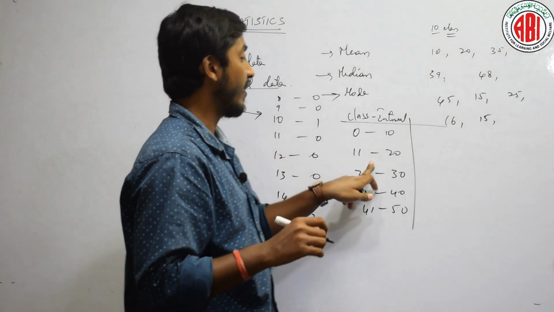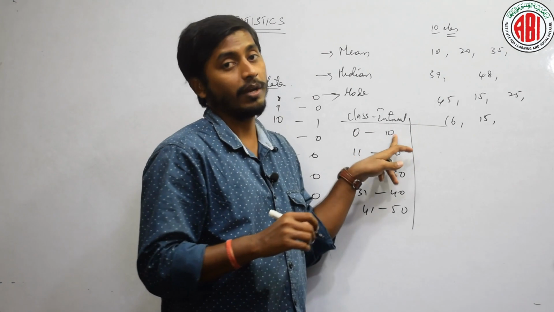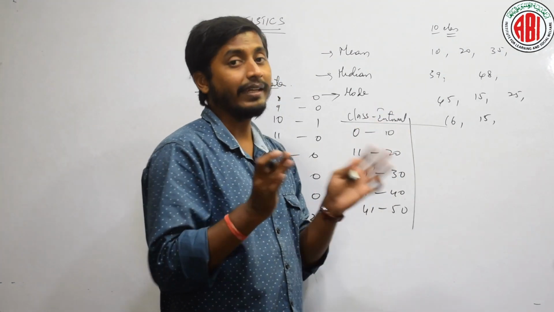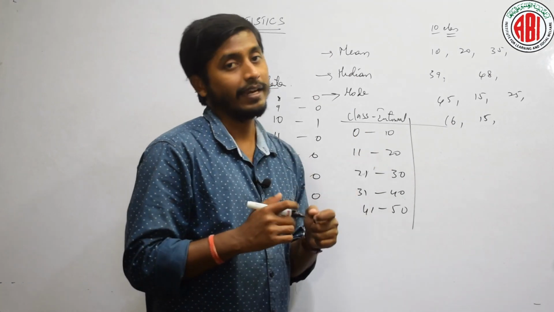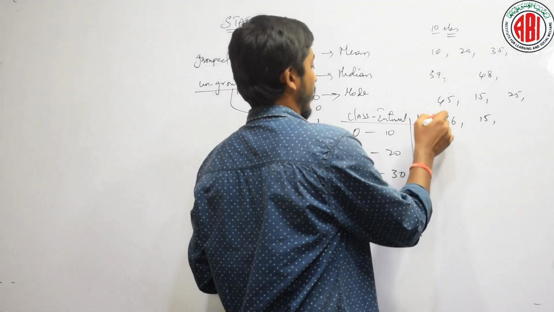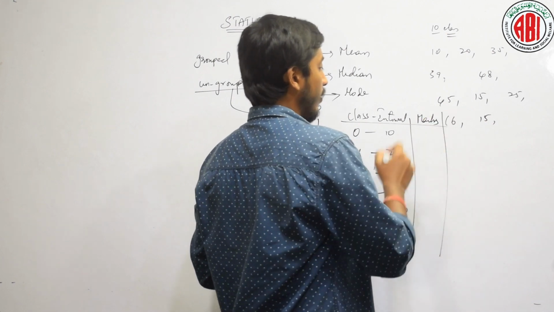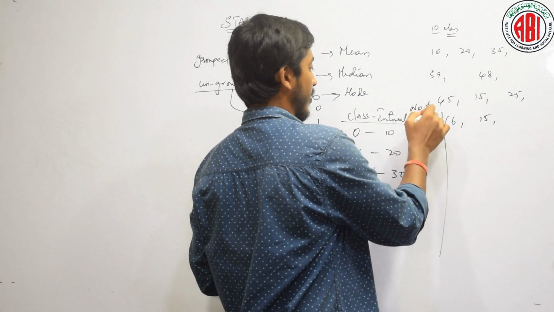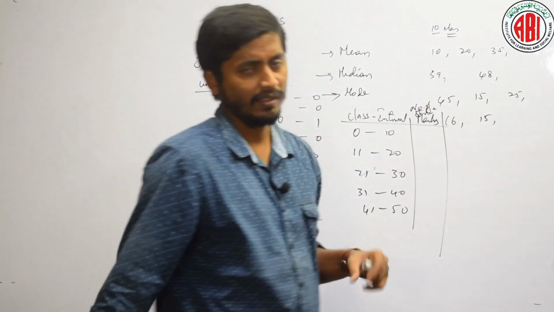Here I am giving a range of 0 to 10, that means the marks will be in the interval of 0 to 10. Now let me tell the number of students with these marks. There is an example.